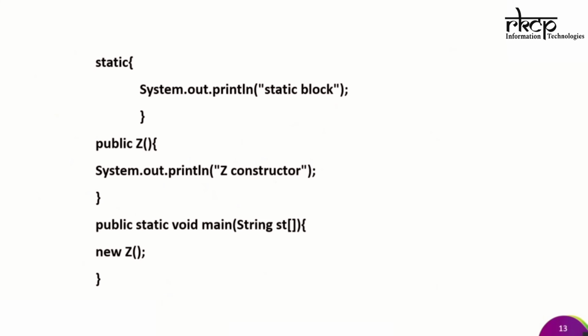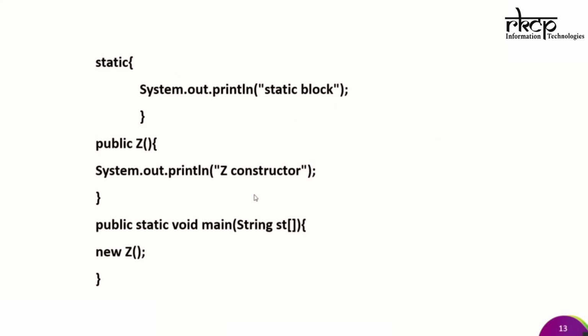So try to understand the sequence in your program and how the entire concept executes. You are creating an object of Z here, but the constructor of class Z will execute last. Prior to that, your journey always starts from the static initializer.